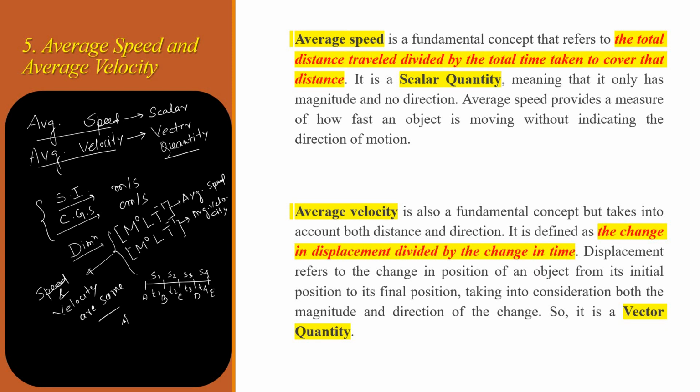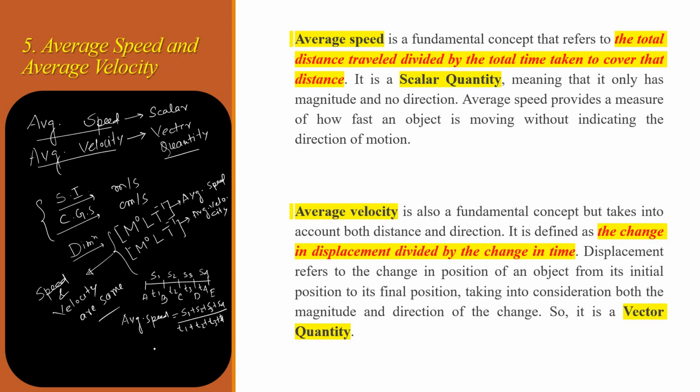So average speed equals S1 plus S2 plus S3 plus S4 divided by T1 plus T2 plus T3 plus T4.